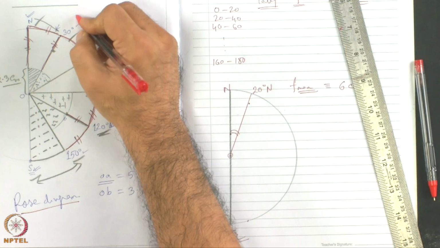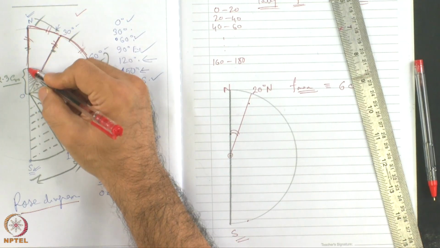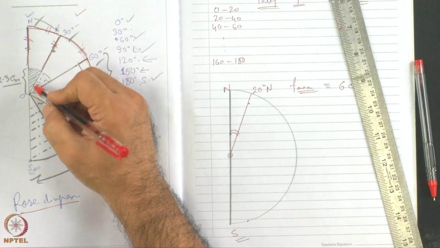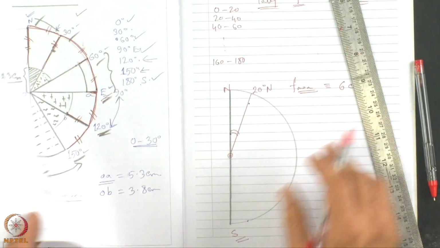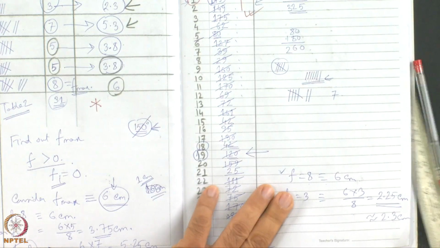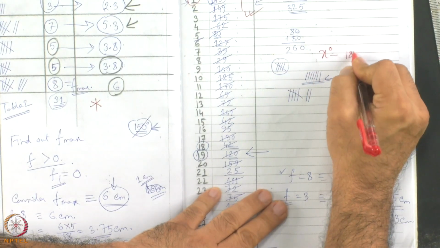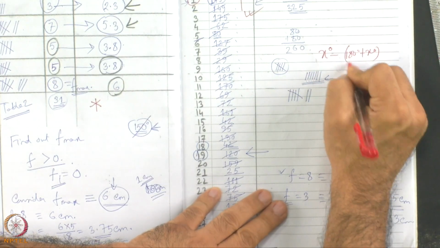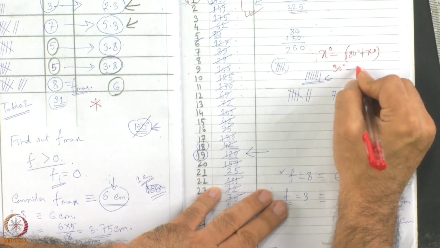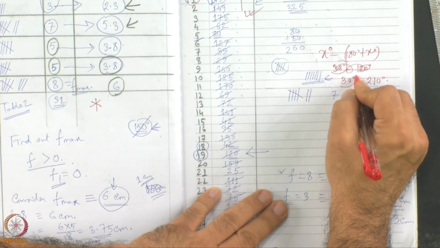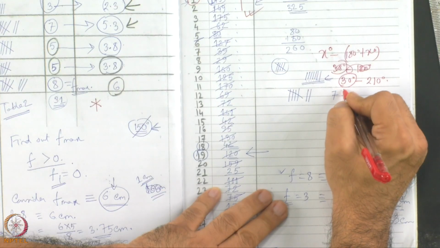Let's take the first Rose diagram. 0 to 30 degree, we drew the equivalent radius and shaded it. Now, we have taken only one number of the trend value. Whenever we write the trend, it can be x degree dash 180 degree plus x degree. For example, I can write 30 degree dash 210 degree. All these numbers we have taken 180 degree value or less than that into consideration.